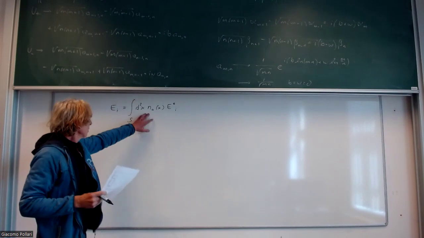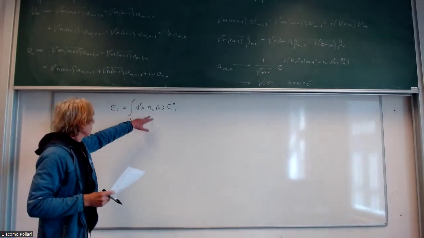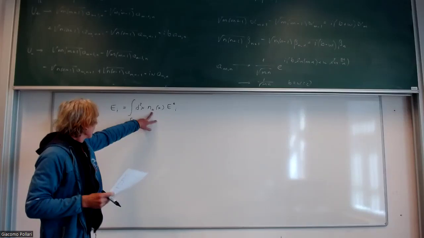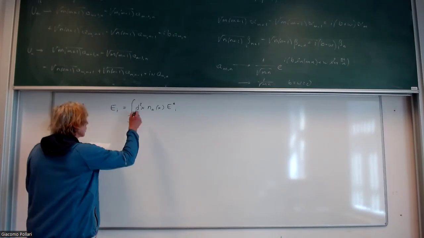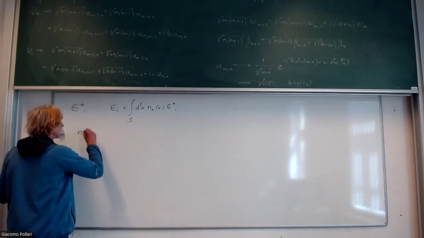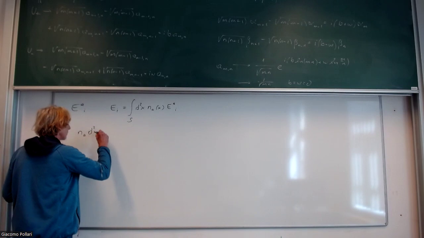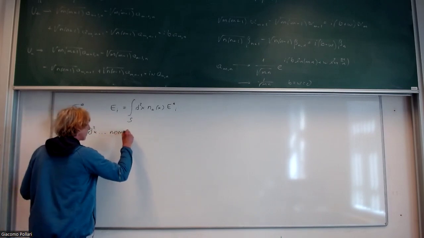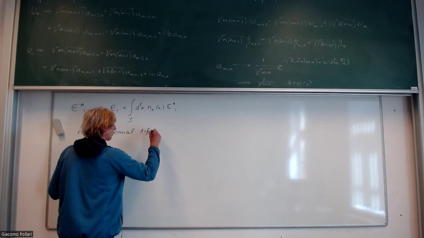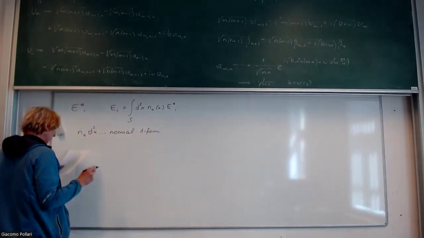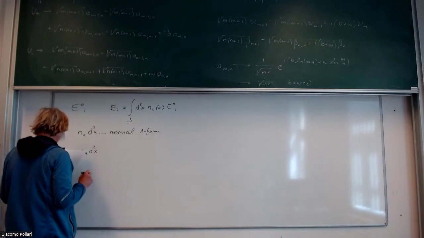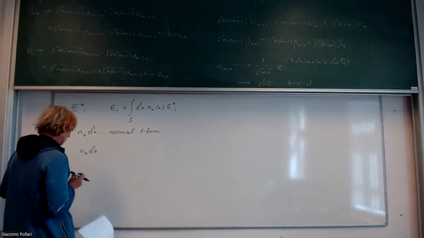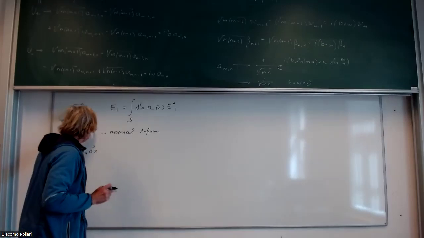And it wasn't so clear what this means. This is a normal one-form, n_a, times dx^a. Okay, n_a is a normal one-form.